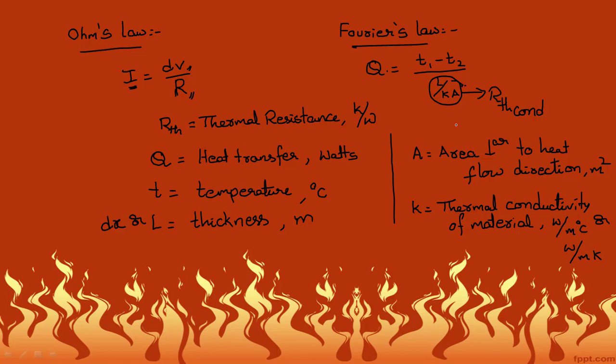So this is about Fourier's law of heat conduction, and here we have considered it for one-dimensional steady state, with no internal heat generation within the material. These are the assumptions that we need to consider here.